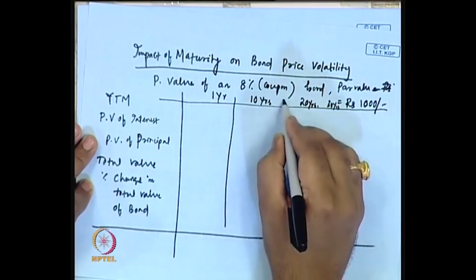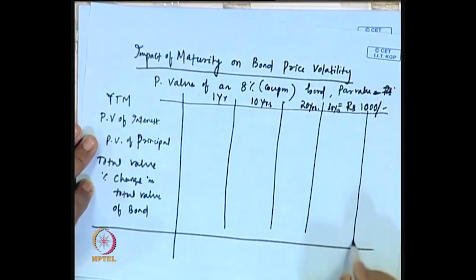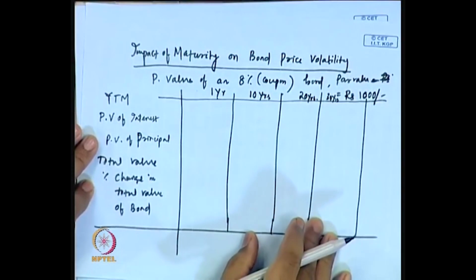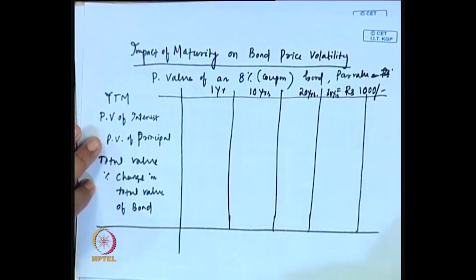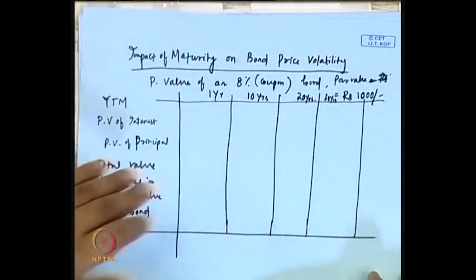You have different bonds available to you, and then you have to calculate how this affects your pricing.